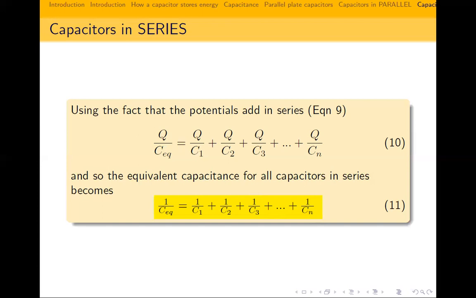I hope you don't forget this, because the way you treat capacitors and the way you treat resistors, which I'm sure you already have knowledge of, is a bit different. In series for capacitors it is the reciprocal. In parallel for capacitors it is direct summation. Please take note of this difference, because I'm sure you're meeting this for the first time.